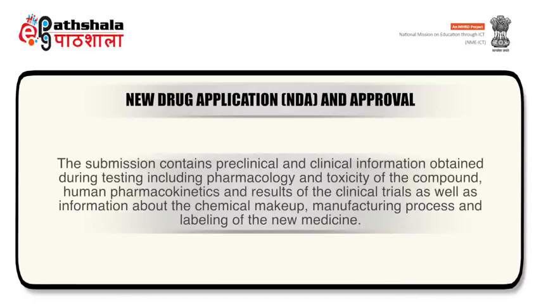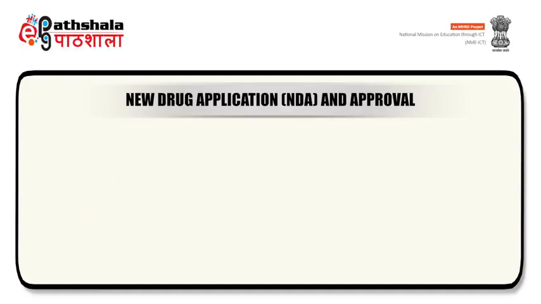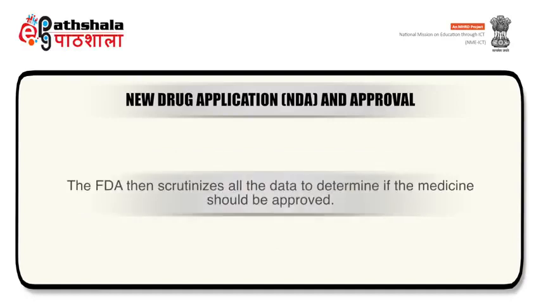The submission contains preclinical and clinical information obtained during testing, including pharmacology and toxicity of the compound, human pharmacokinetics, and results of the clinical trials, as well as information about the chemical makeup, manufacturing process, and labeling of the new medicine. The FDA then scrutinizes all the data to determine if the medicine should be approved.